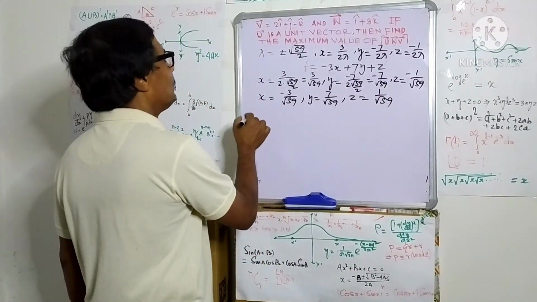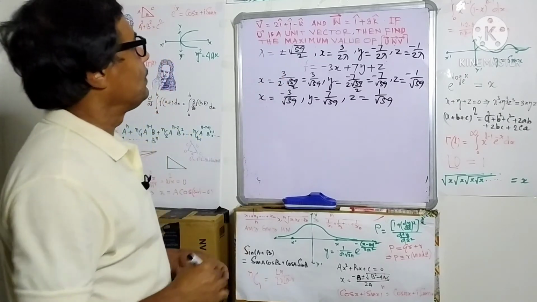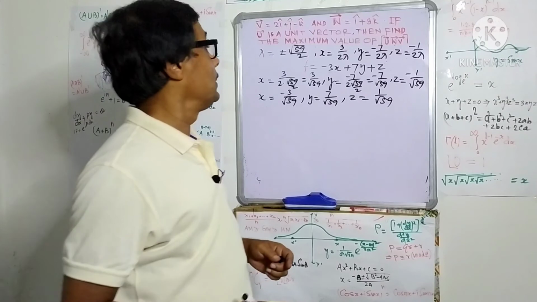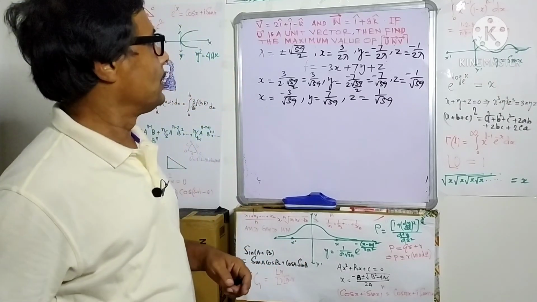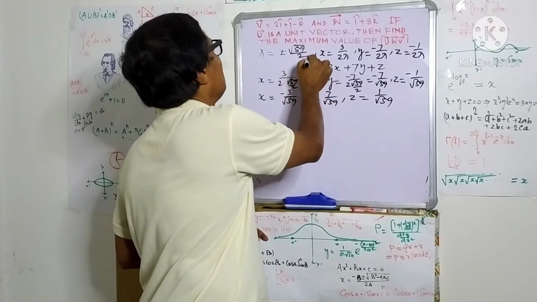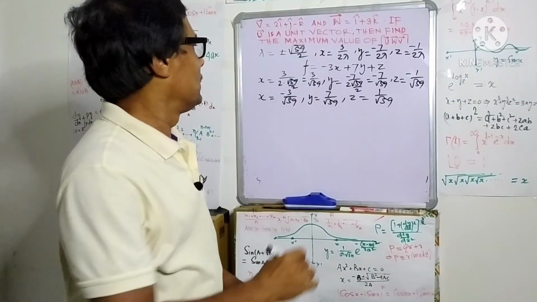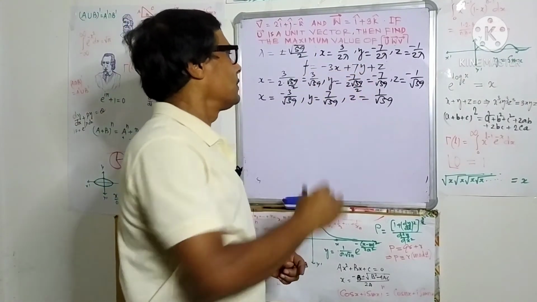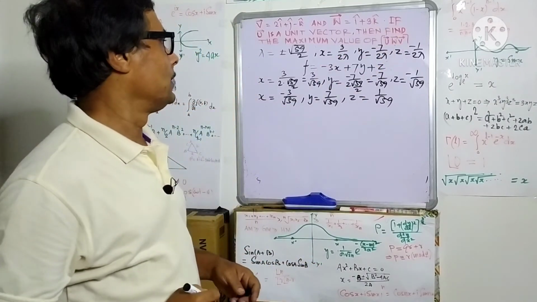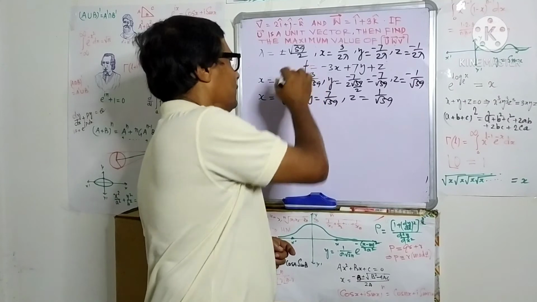Now, we have to find the maximum value of UVW. UVW is to be maximized, that is UVW means f, the function of x, y, z, which is −3x + 7y + z. This is the value of the box product UVW. We have to maximize f.